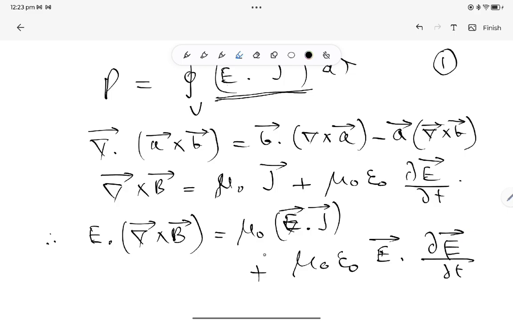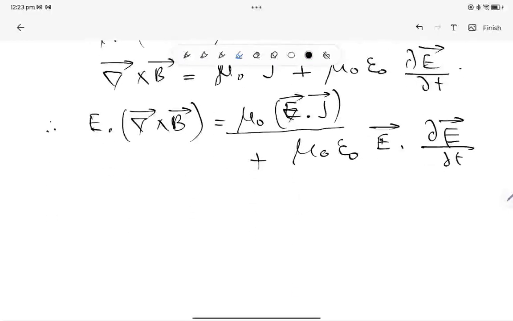We want this term, so we will have to take this to this side. We'll get mu naught E dot J.